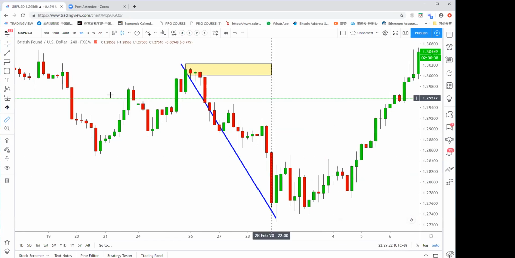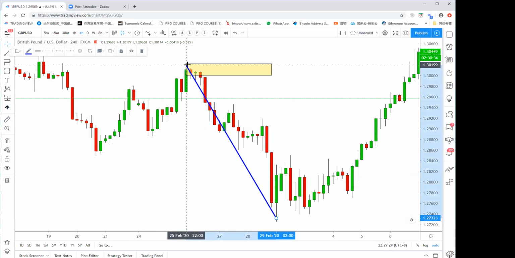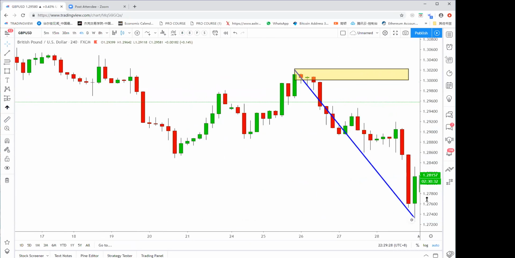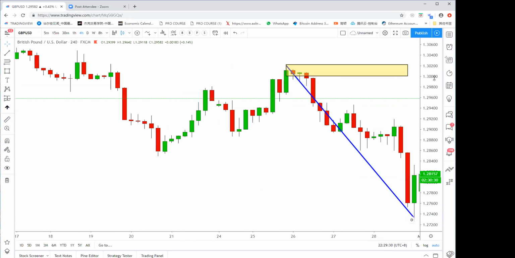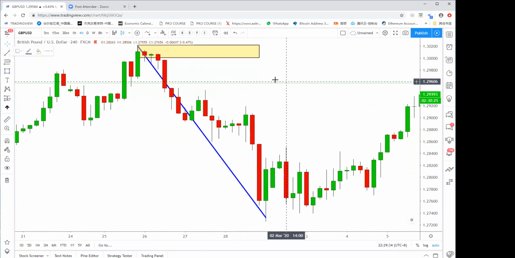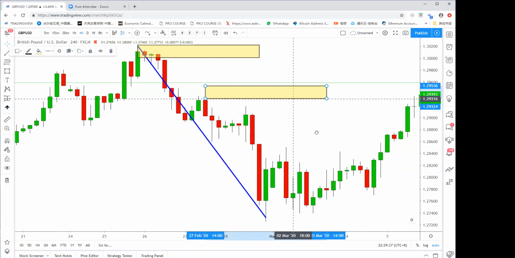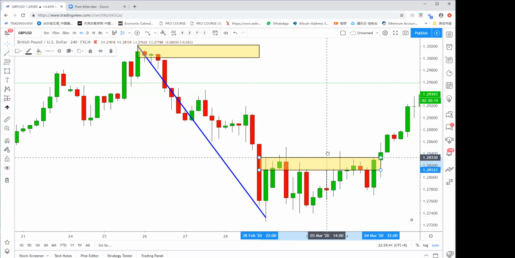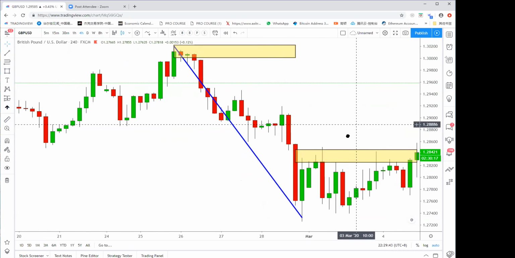So just remember, if you find a downside wave spending this much time, you don't expect it to come back too fast. It has to wait for the same time to consolidate, and then you can expect a breakout.